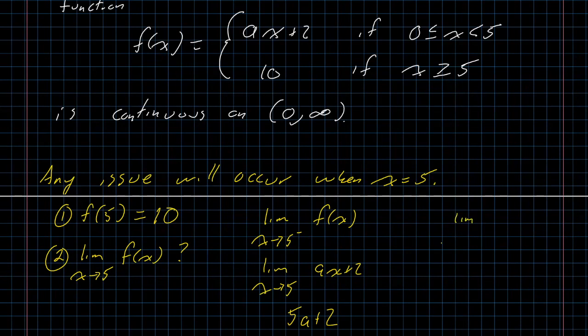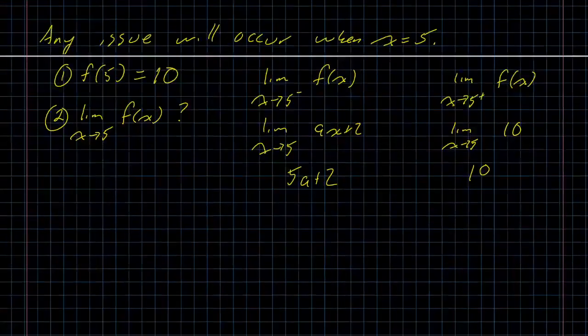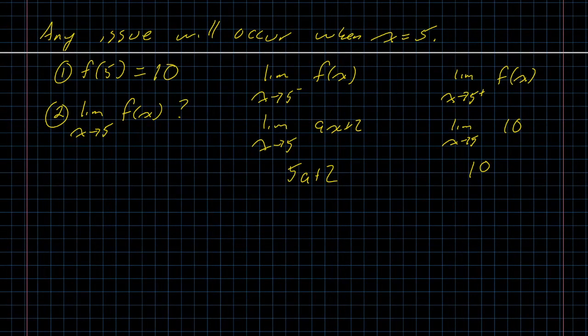Then the limit as x approaches 5 from the right of f of x is going to be the limit as x approaches 5 of 10, which is just 10. We need the limit to exist. And the limit only exists if these two things are equal to each other. Which tells me that a must be the fraction 8/5.